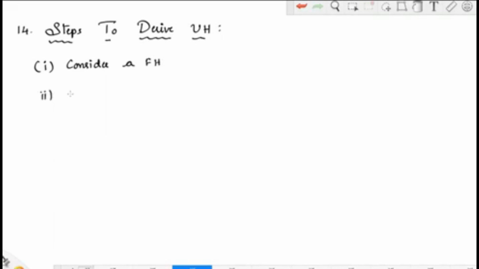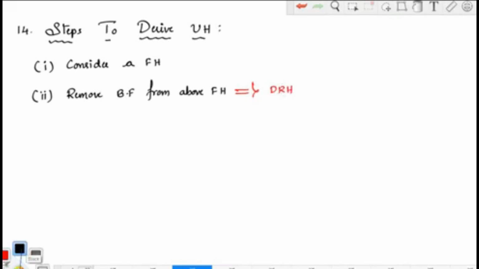Second point, remove base flow from above flood hydrograph. If you remove base flow from above flood hydrograph, it will result in which graph? DRH. So you will get DRH.